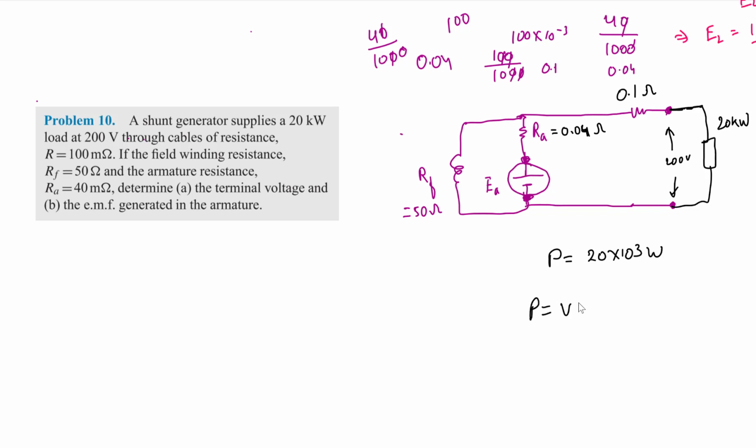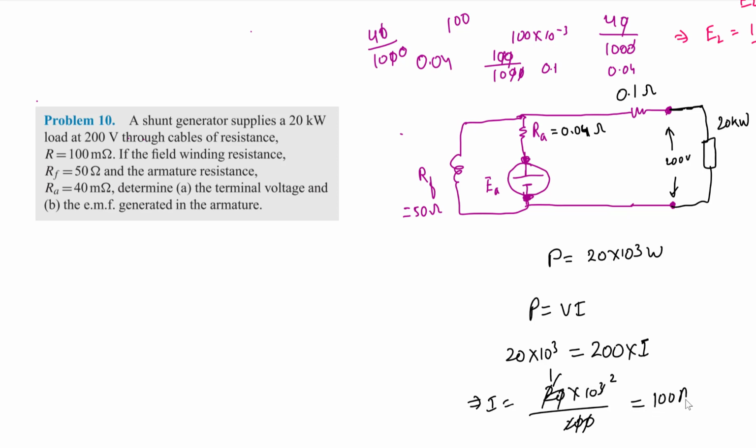Power is equal to V into I, so 20 kilowatt is equal to 200 into I. The load current I is 20 into 10 to the power 3 divided by 200, which is 10 to the power 2, that is 100 ampere. So the load is taking 100 ampere of current.